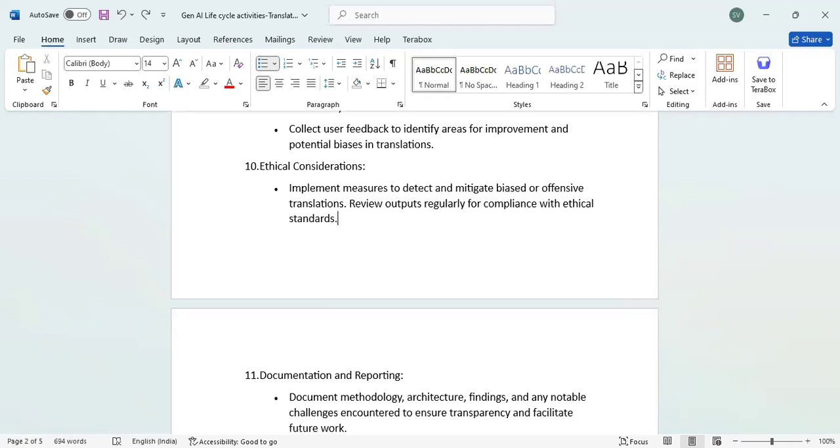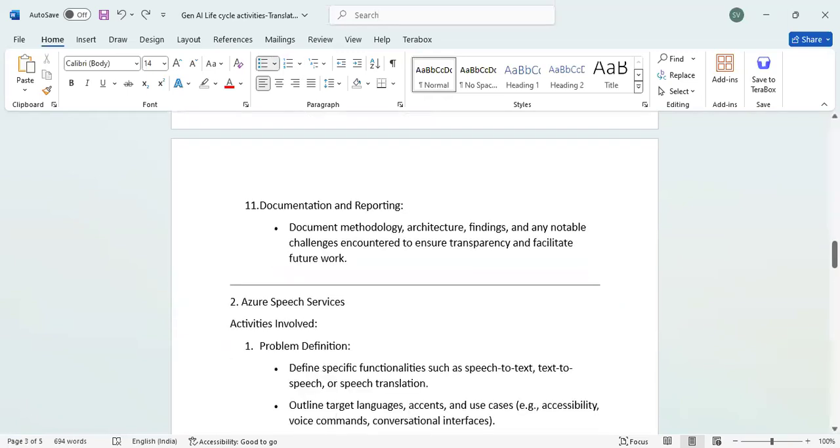We need to authenticate that kind of thing also, in the wording of other languages when you convert English to some other language. Some soft words are there in English, let us say, and there can be rash words in other languages. So such things need to be kept in mind.